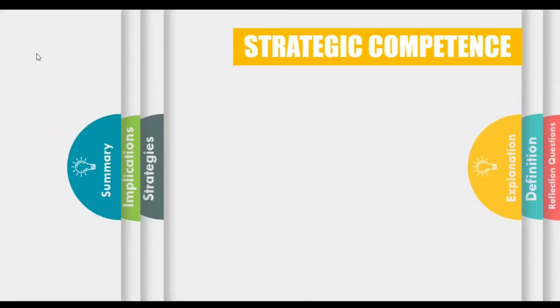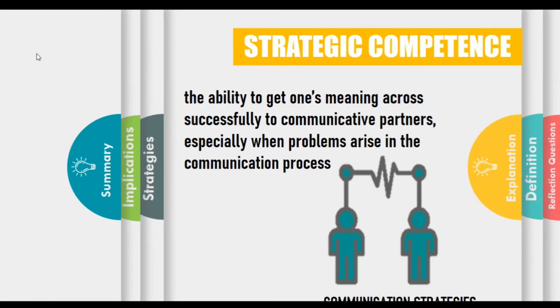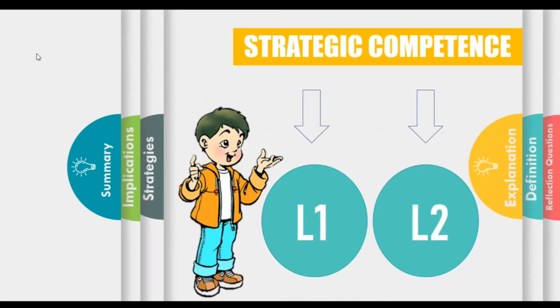In other words, strategic competence refers to the ability to get one's meaning across successfully to communicative partners, especially when problems arise in the communication process. Strategic competence is relevant to both L1 and L2, since communication breakdowns occur and must be overcome not only in a foreign language, but also in one's mother tongue as well.